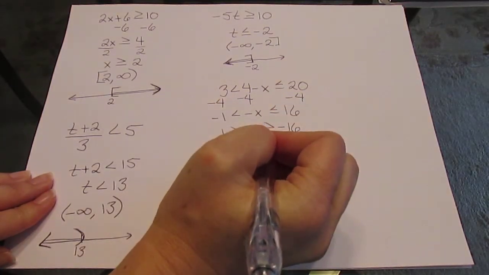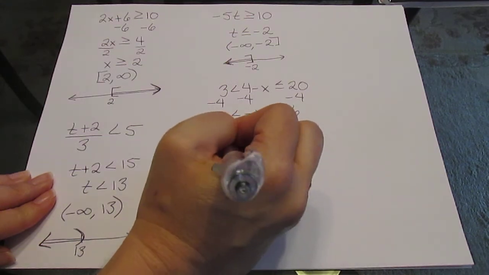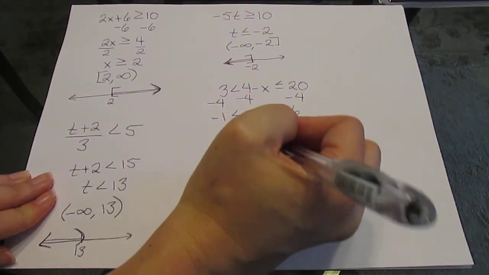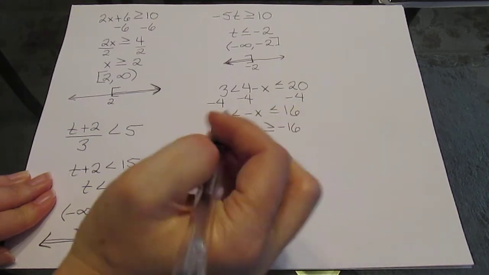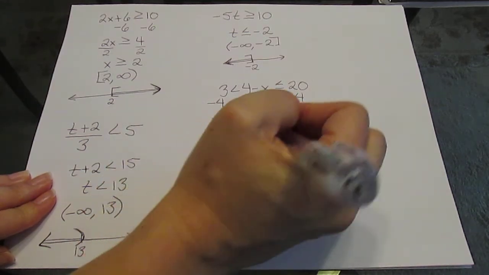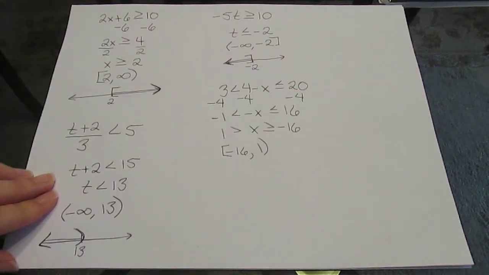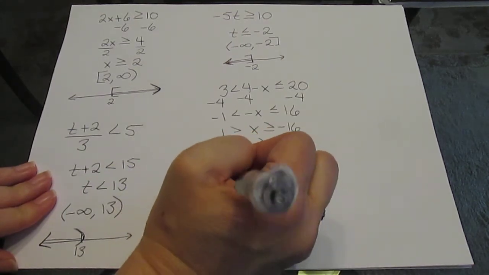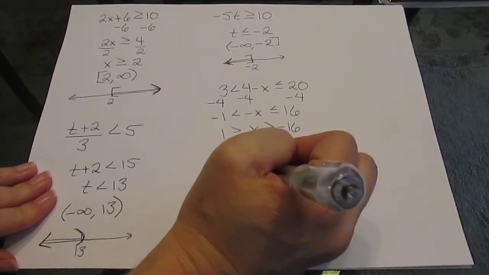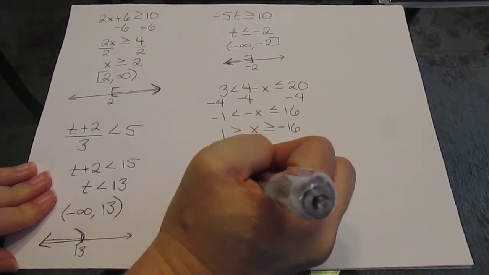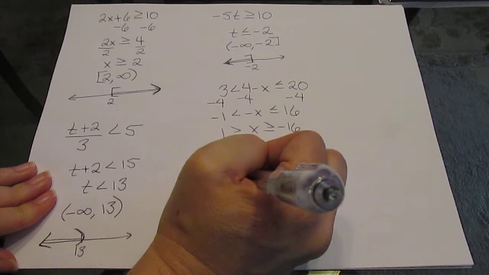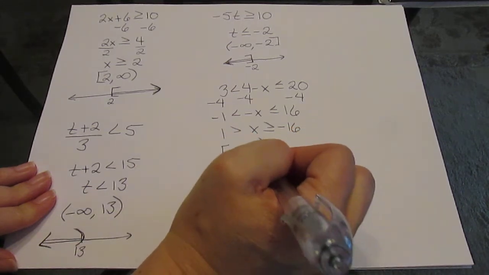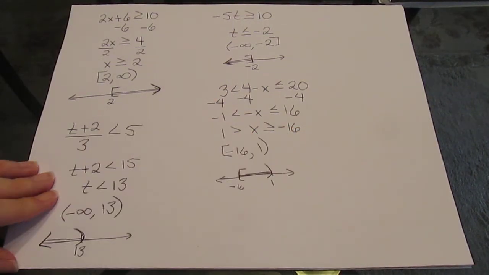There's an equal sign with the -16, so we need to put a bracket, -16, comma, 1. There's no equal sign with the 1, so we're going to put a parenthesis. And then we'll show that we're going from -16 to 1, so we'll shade everything in between those two numbers. We've got a bracket on -16 and a parenthesis on 1.